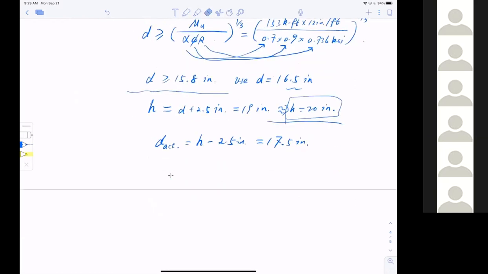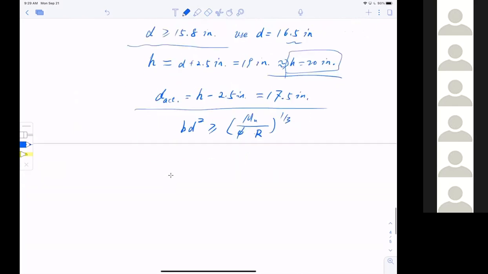Okay, so with this real D, I'm going to bring it into my equation to make sure BD squared is bigger than or equal to mu divided by phi alpha r, no alpha anymore because I wrote it out. So outside this is 1/3. So wait, I don't even have 1/3 anymore.